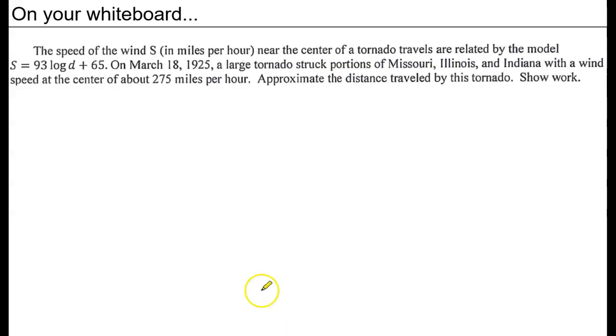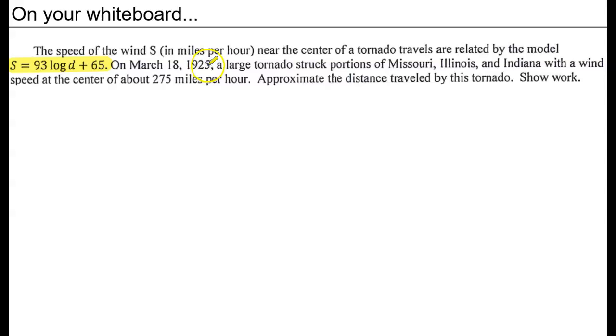Okay, so the speed of the wind S, which is in miles per hour, near the center of a tornado and the distance D the tornado travels are related by the model S equals 93 log of D plus 65. So that's a common log.